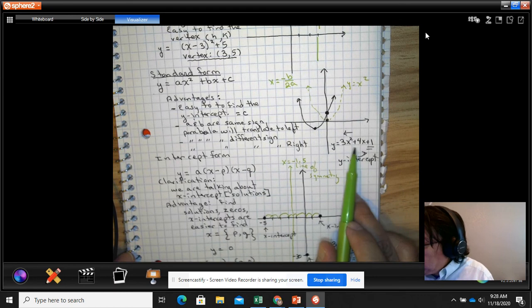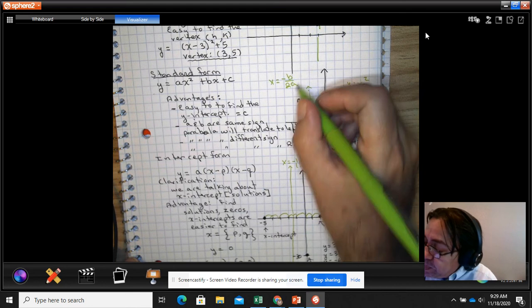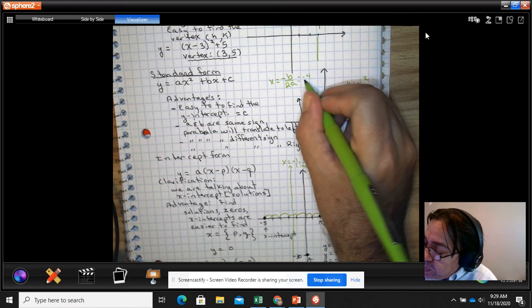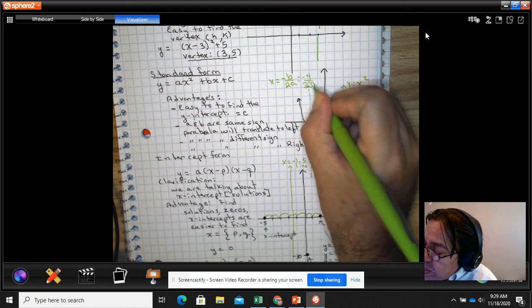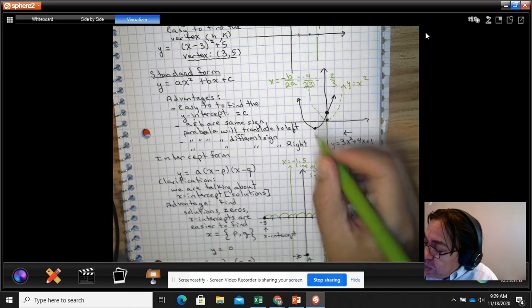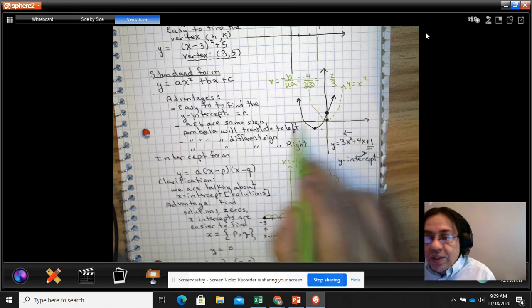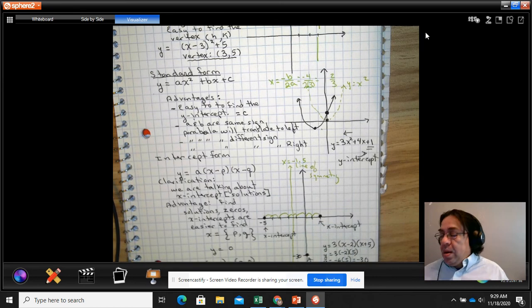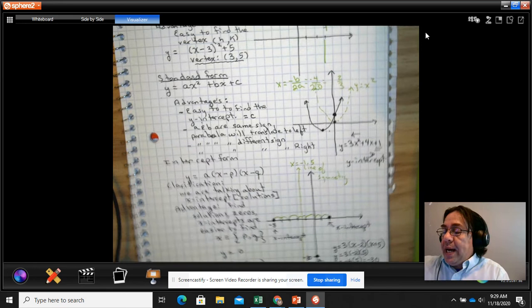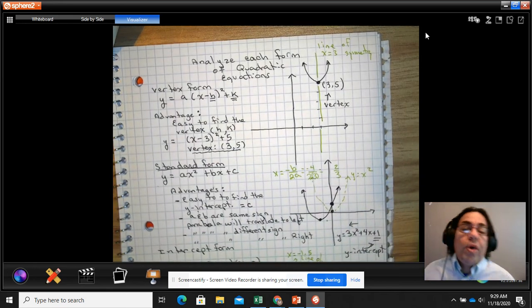All you do is you substitute negative 4 over 2 times 3, which is the same thing as 2 over 3. So see, this line of symmetry was actually closer over here this way. That's why I was saying that's just a sketch. So we just analyzed each different form according to their advantages.